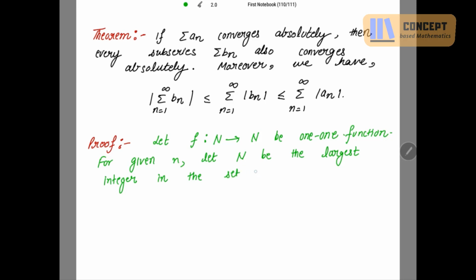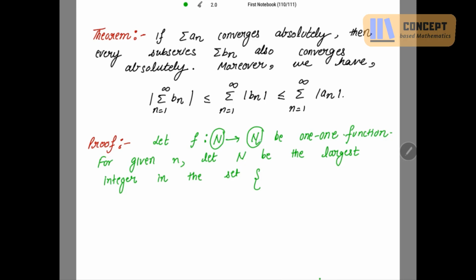So let's form our set. See, f is a mapping from N to N. If I take 1 here, I will get the value f of 1. Then if I take 2, I get f of 2 in this codomain. This is your domain, this is your codomain.